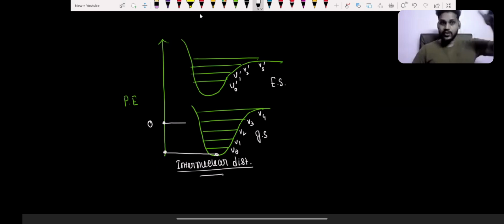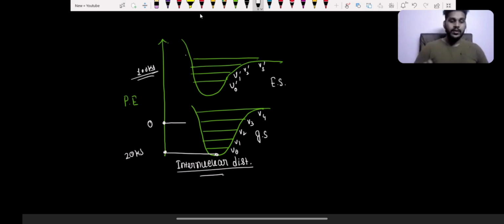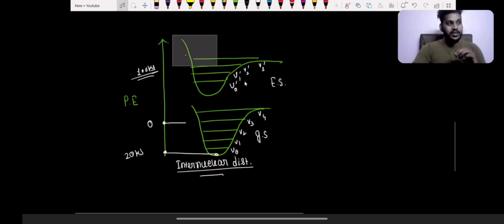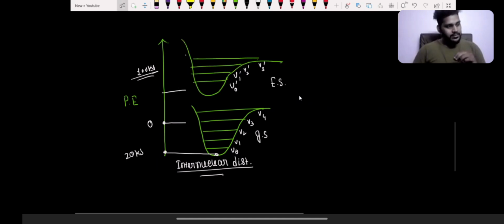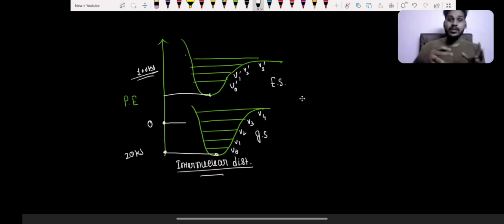So if this corresponds to some energy like 20 kilojoules, then this potential well corresponds to an energy like 100 kilojoules, something like that. All right. So it's in the higher energy level. What actually happens is, in the higher energy level, the internuclear distance, this distance, actually increases.